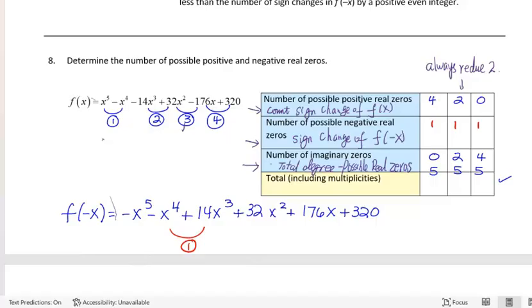Then how do we count possible negative real zeros? First of all, we rewrite the polynomial as f of negative x. So we change the given here, positive becomes a negative x to the 5. And then here, be careful, you may ask why this didn't change to negative.